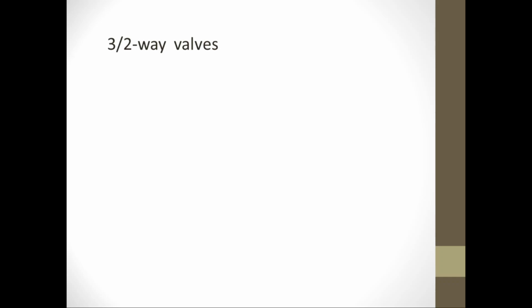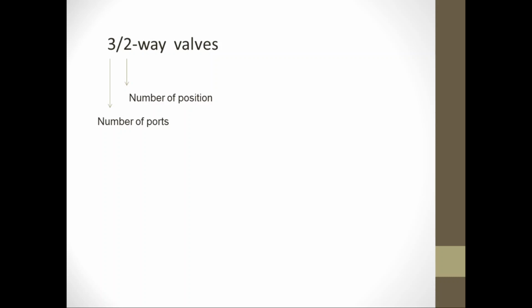The 3/2-way valve is named so because of the following configuration. 3 stands for the number of ports, and 2 represents the number of positions of the cylinder, so the position is either extended or retracted.